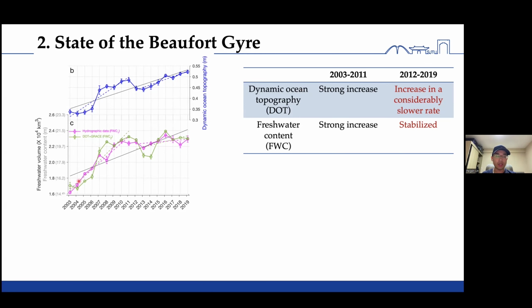And interestingly, by using two independent data sets, we got really similar results, which gives us the confidence that the trend does make sense: it increased dramatically in the earlier period and stabilized in the later. And these two time series are also associated with the DOT variations.